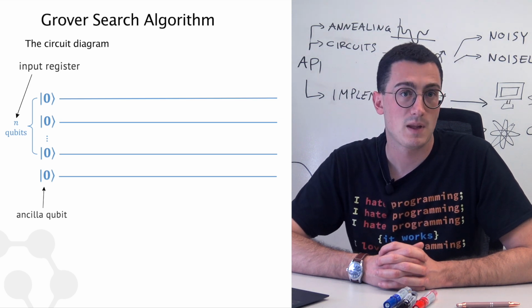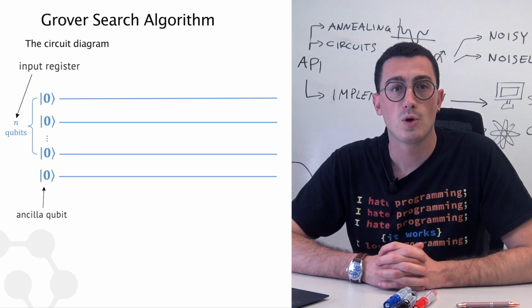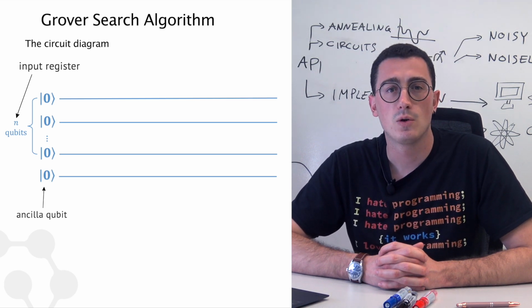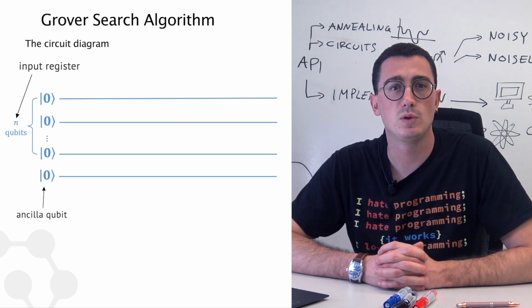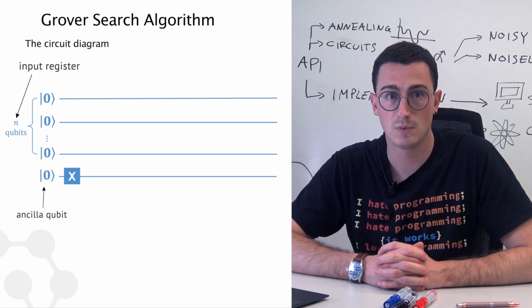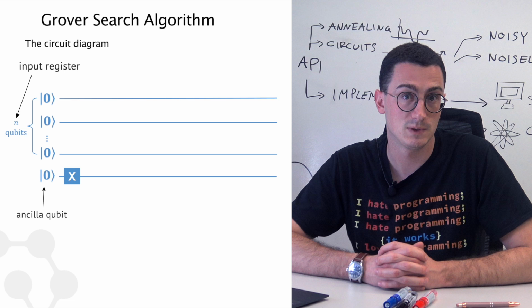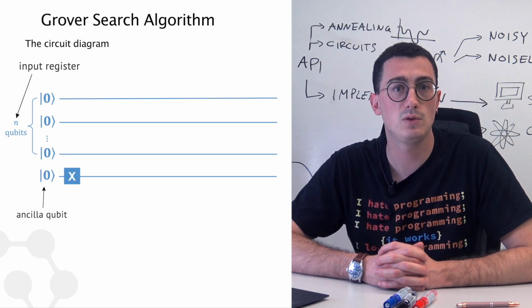The first step: as usual with quantum computing algorithms, we start by preparing the state. We leave the input register in the computational 0 state, while we apply a NOT gate to the ancilla, so that it stays in the computational 1 state. This will be useful later to enable the phase kickback effect over the input register.